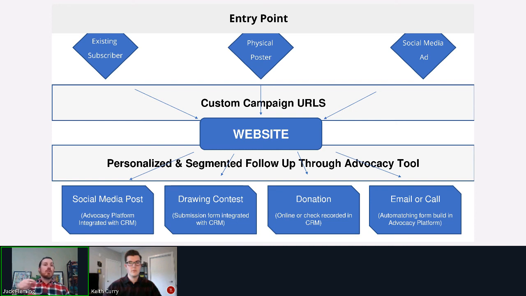And then you cycle this through again. So you're sending that first email to existing subscribers, and your social media ads. You can test different message points, and so you can figure out what message is really resonating with this persona. Is it that lemurs are cute? Like that was the thing that worked best. Is it that lemurs are endangered, and so they are really concerned about endangered species?